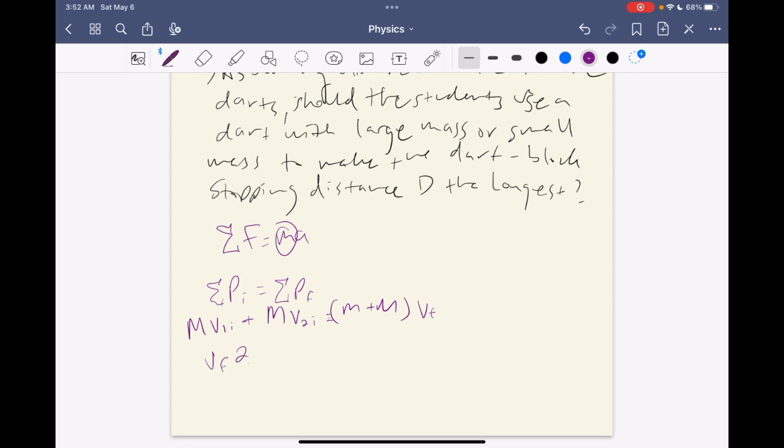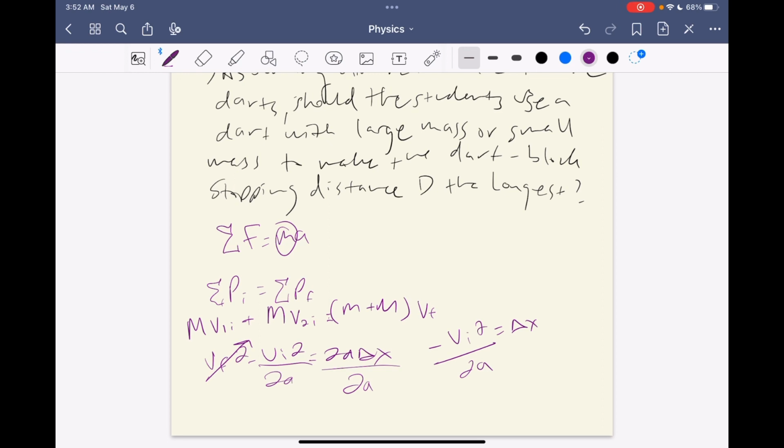Knowing that, we can use the common form, and final velocity is 0 because it's asking for the stopping distance. Initial velocity would be larger, so we divide both sides by 2a so we can isolate for delta x, which is the stopping distance.